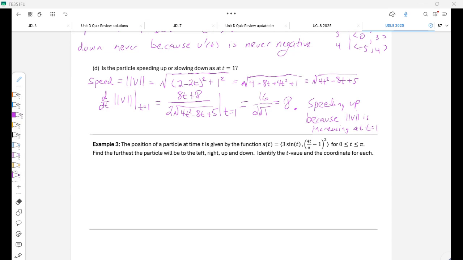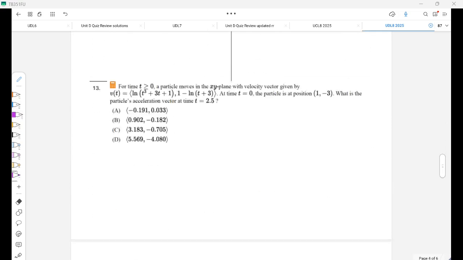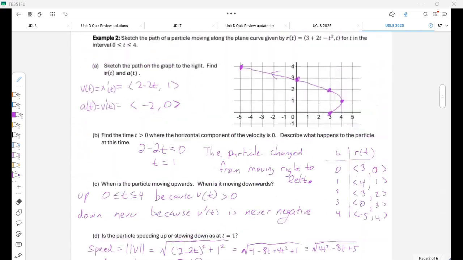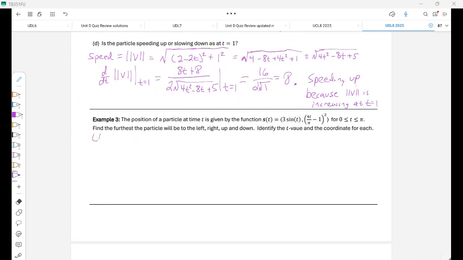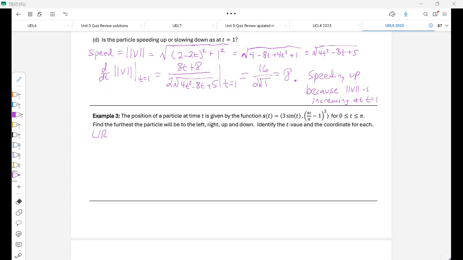So this actually is really 2 separate questions. Left and right focus solely on the x component. Up and down focus solely on the y component. So we'll do left and right, and we'll just look at the x component. So we'll do that first. Left, right. v of t equals s prime of t.